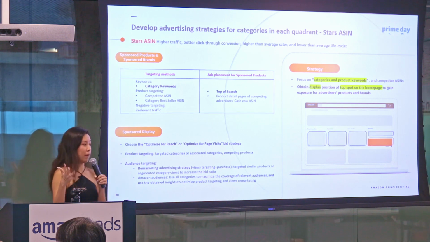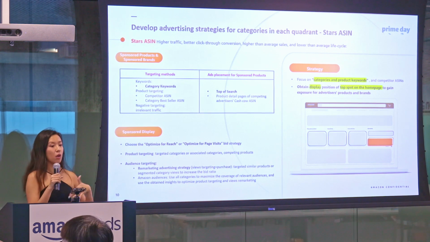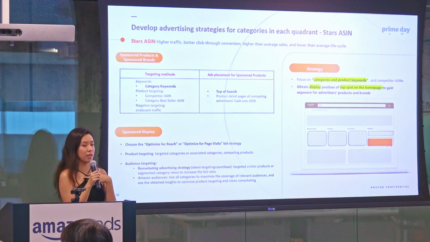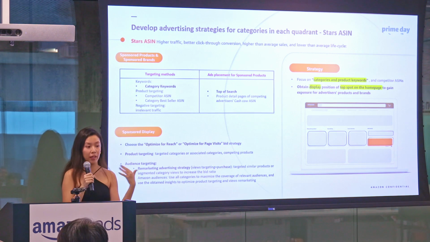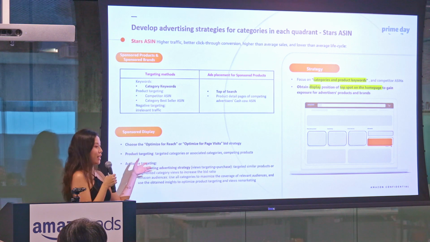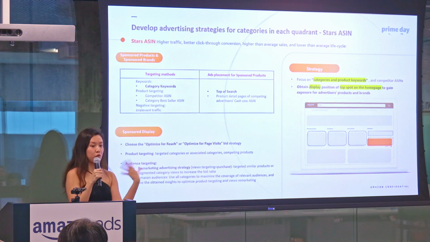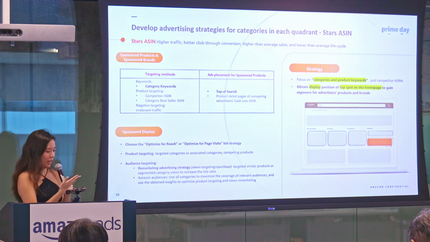So perhaps you might also want to target your own cash cow ASINs, or your consumers who have interacted with your pages before, and remarket to them with your rising star ASIN, like, hey, we're launching a new product and it's one of our best sellers now. So you might also want to drive purchase in that way.